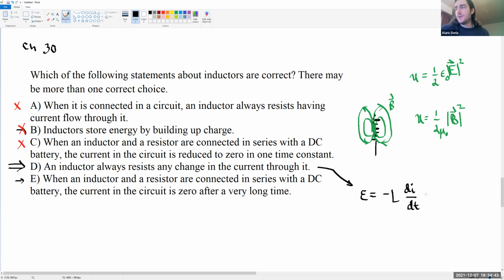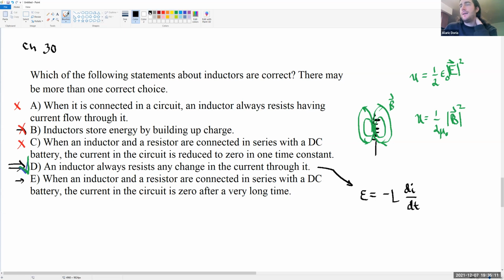So the induced voltage E is opposite the change in current by that minus sign in the equation. And L, of course, is simply the inductance of that inductor. So it's how good of an inductor it is. Bigger L means better inductor. So D is correct here. So maybe we give this one a blue check mark. Or maybe I should go green check mark, huh?